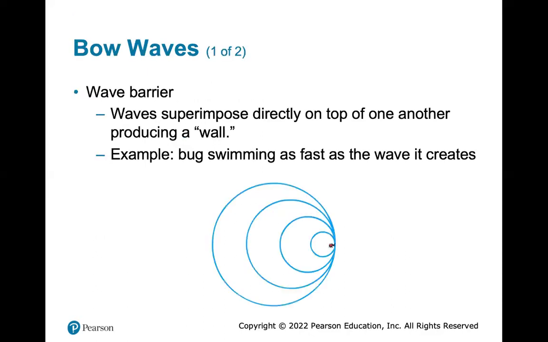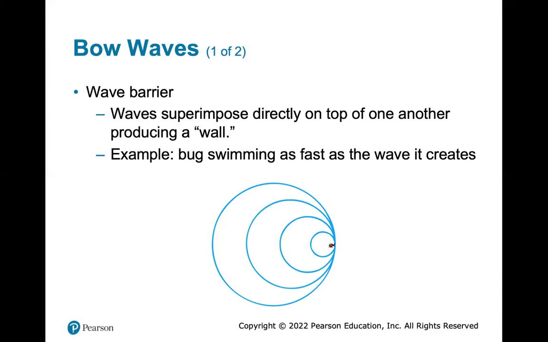Okay, now bow waves. The waves are superimposed directly on top of one another, producing a wall. An example is a bug swimming as fast as the wave it creates. There's a little story in the text about a little bug that's moving up and down, creating waves, but as he's moving up and down, he's also moving forward.